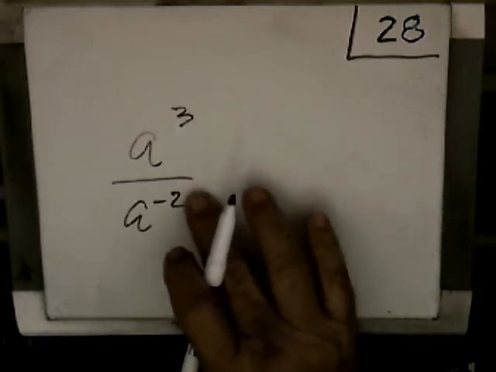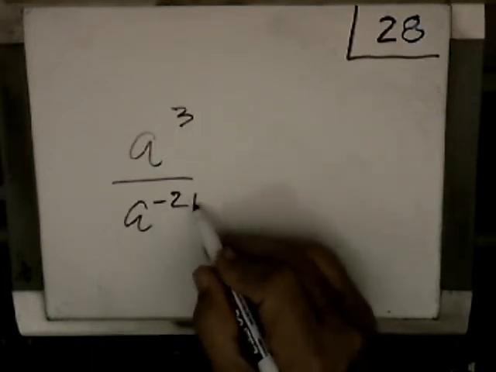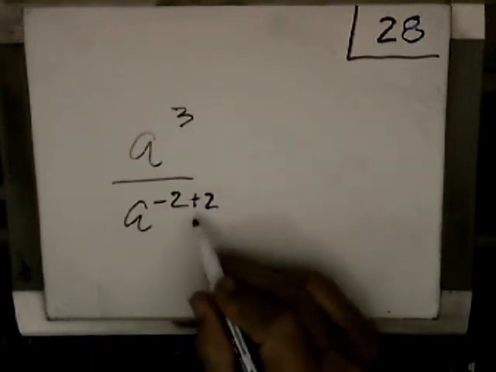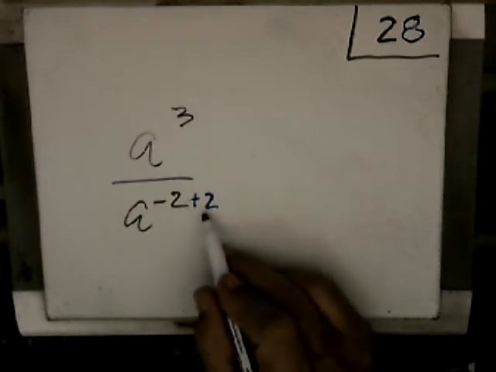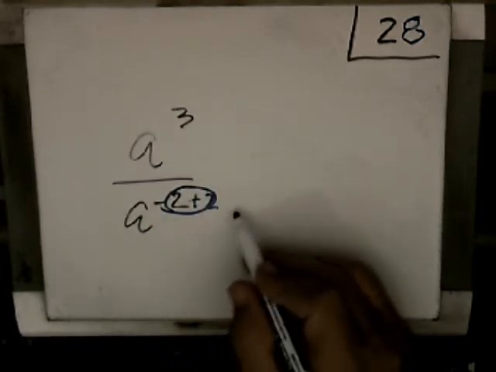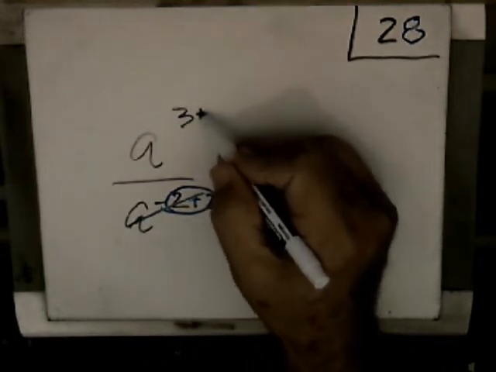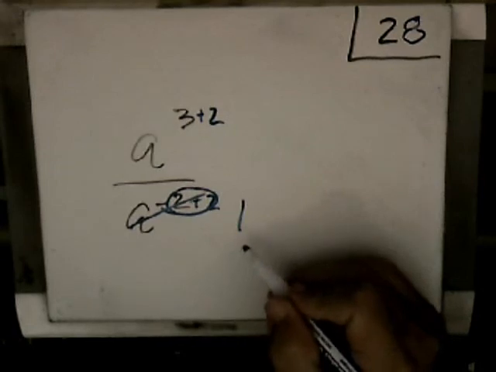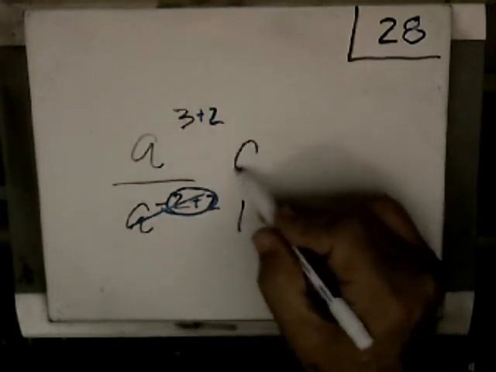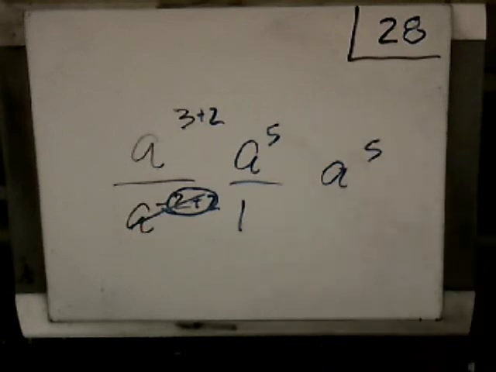So the question is, I want to make the smaller one a 0. So this is -2. So what I'm going to do is add 2 to this. -2 plus 2 is a to the 0, and a to the 0 is 1. Then I added 2 down here. I'm going to add 2 up here. 3 plus 2 is 5, so I have a to the 5 over 1, which is just a to the 5.